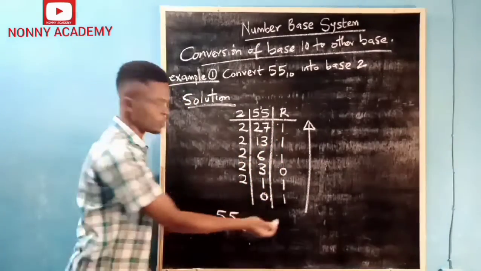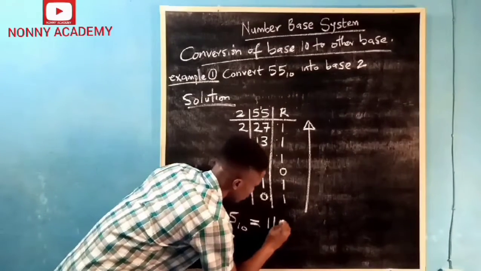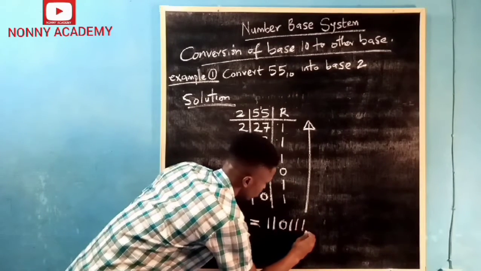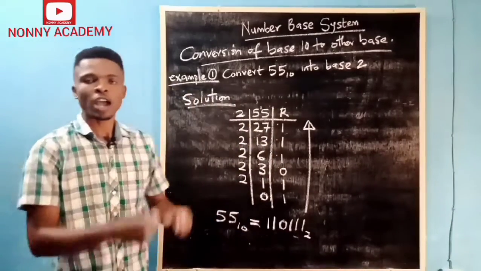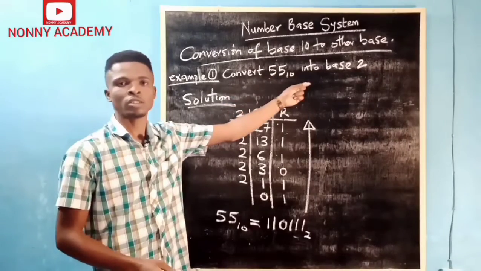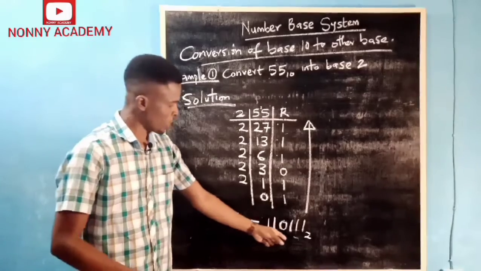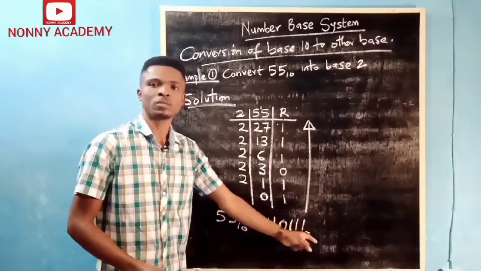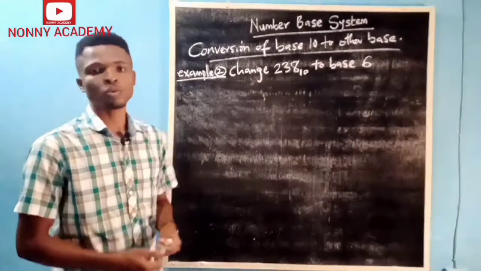That is the answer from the bottom to the top. 110111 base 2. This is the answer. Now I have successfully converted 55 base 10 into a number in base 2, which is 110111 base 2.